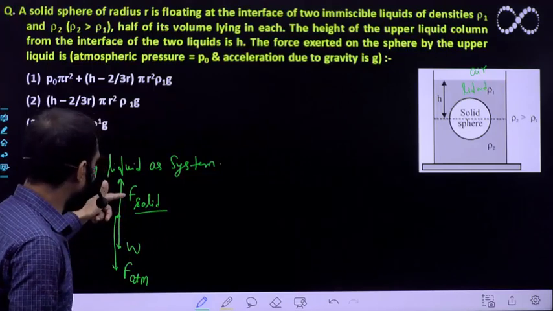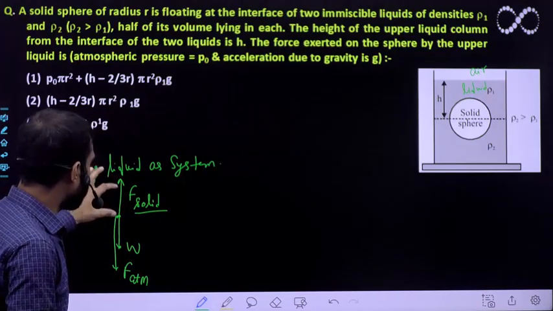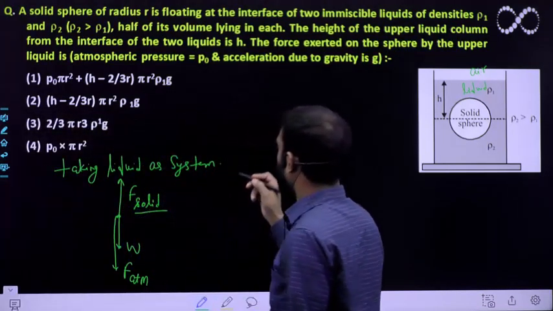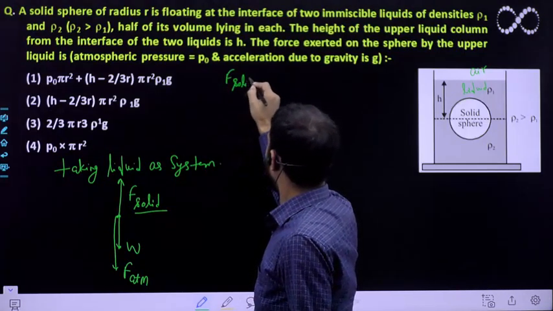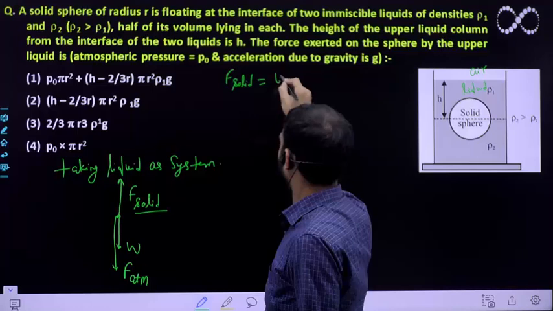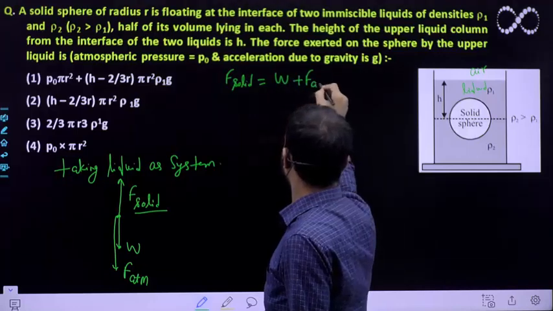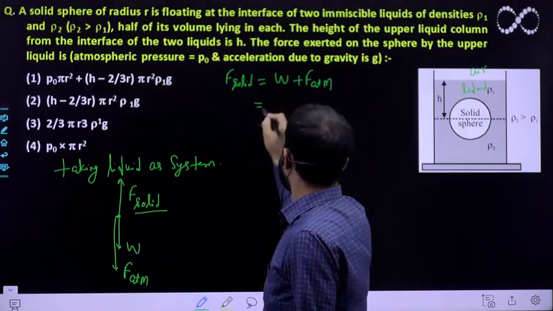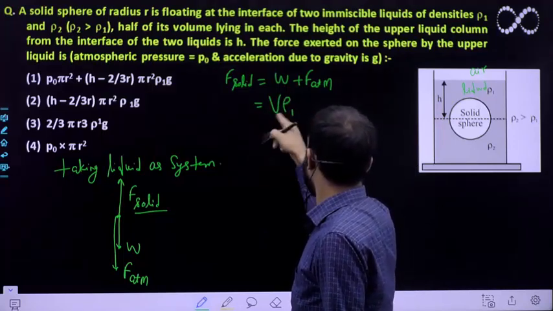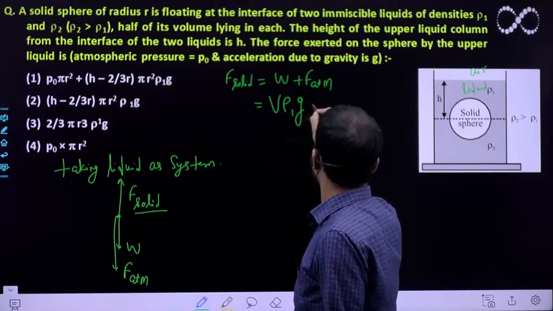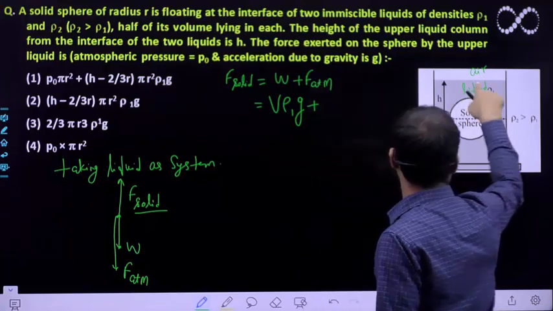So I can say the upward force must be balanced by the downward force. The force due to solid must be equal to weight plus F atm. The weight is volume into density, that is mass, into g, plus F atm, the force due to atmosphere.